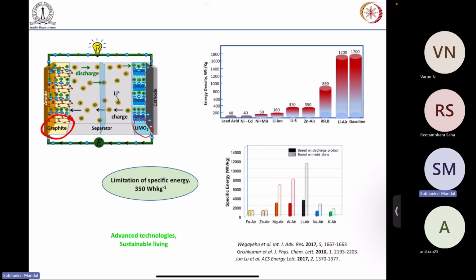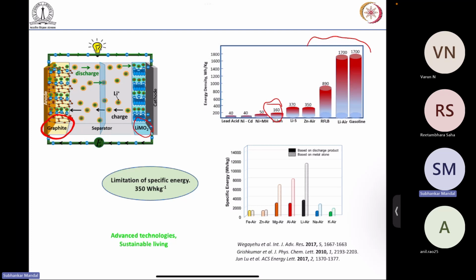Here this graph is representing that the lithium ion battery has an energy density of around 160 watt hour per kg. But for the next generation electric vehicle, we need energy storage with very high energy density.